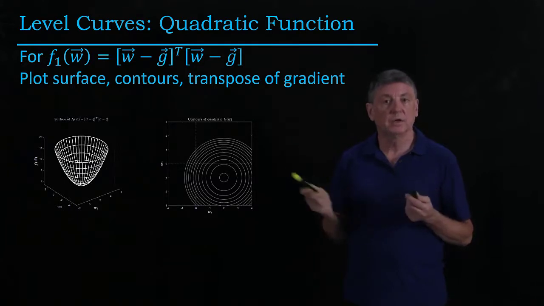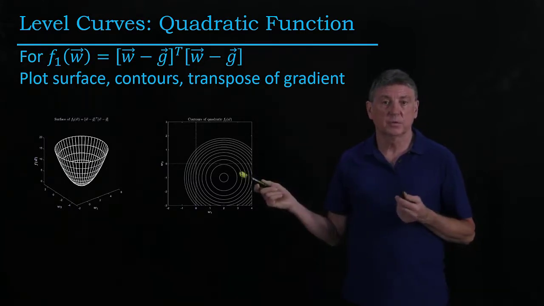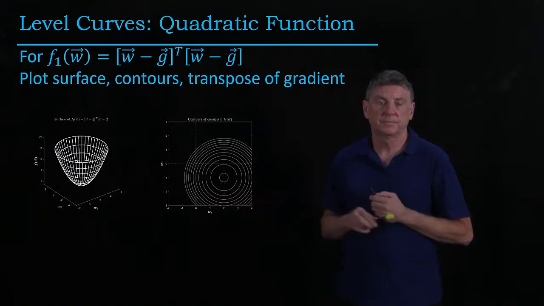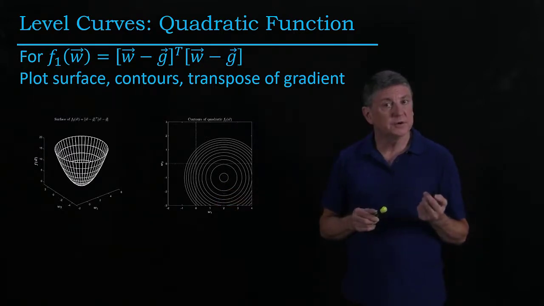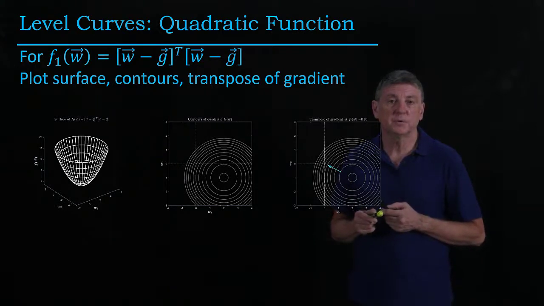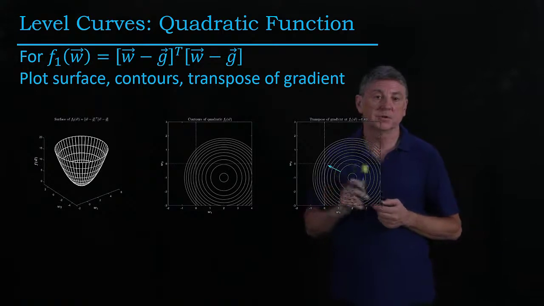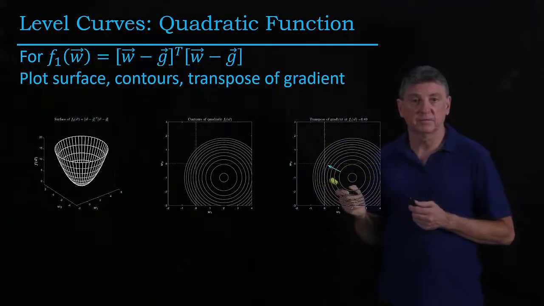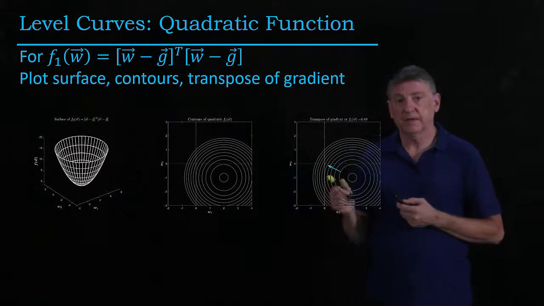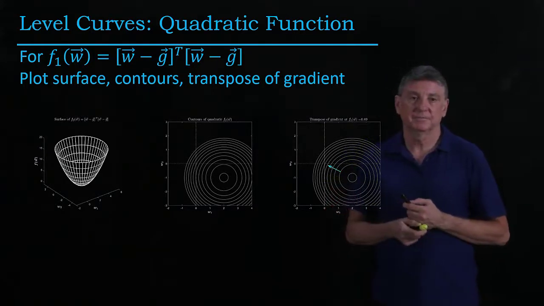Yes, when we plot the contours, or the level curves, each of the level curves is a circle, and they all are centered at that vector g. What is the transpose of the gradient for these? The transpose of the gradient is always perpendicular to the contours, or to the level curves. That is going to happen in general. We won't prove that, but it's a fact that we're going to use.